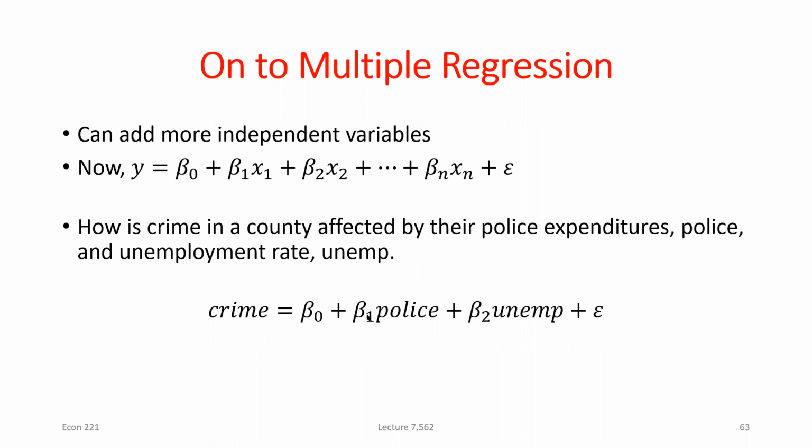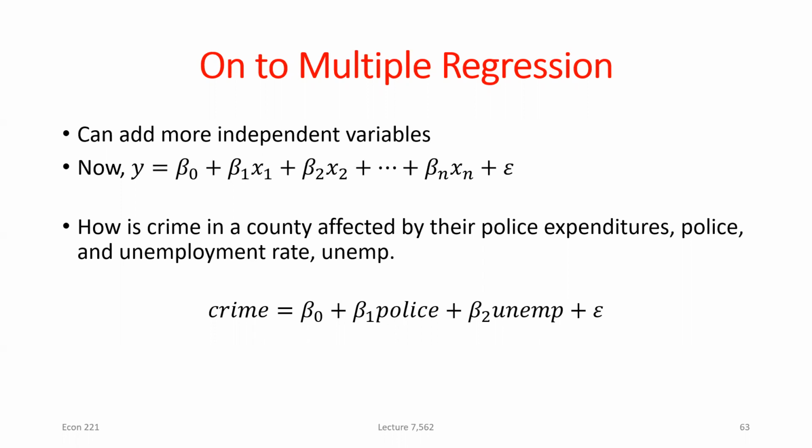Now the interpretation of my coefficient on police force expenditures becomes the effect of a 1 unit increase. Here that would be spending $1 more on my police force would increase predicted crime rates by beta 1, right? Holding constant any other variable I've included on the right-hand side. So now the thought experiment is almost like holding constant unemployment.